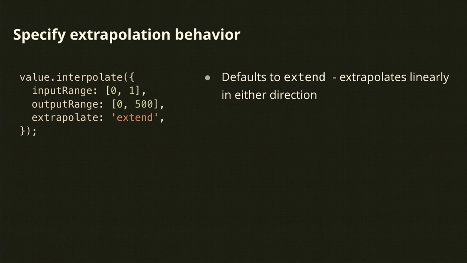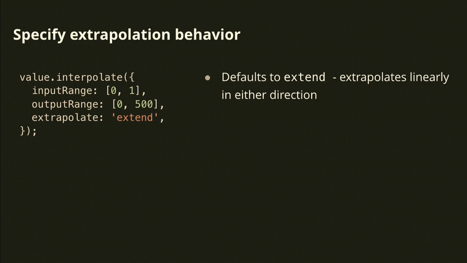What that means is, although we've said the input range is 0 to 1, if the animated value was equal to 2, then the output would be 1,000, because it follows interpolating linearly over this range regardless of whether it's within the input range or not, and it just assumes that you would want to continue past that point.